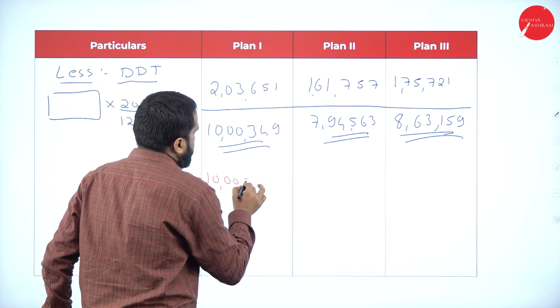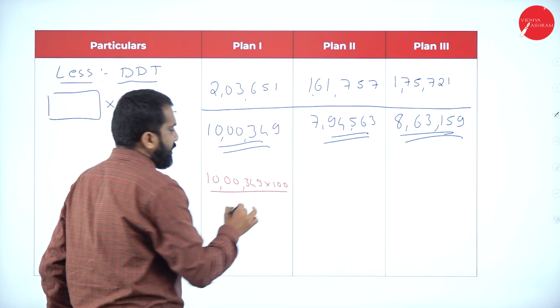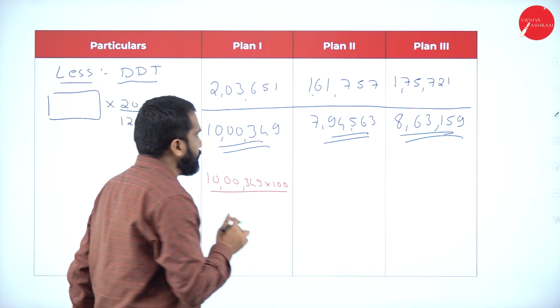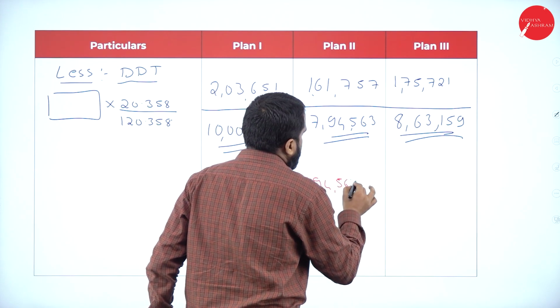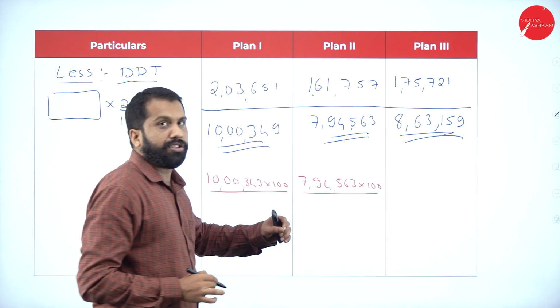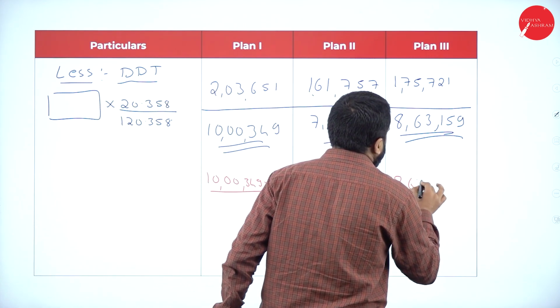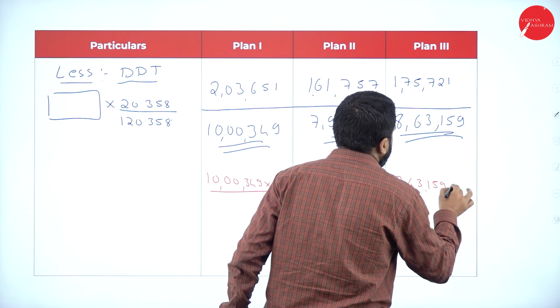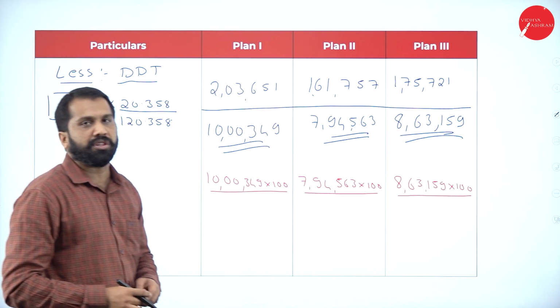10,00,349 multiplied with 100 divided by equity value. Similarly, 7,94,563 multiplied with 100 divided by your equity share value, and 8,63,159 multiplied with 100 divided by equity share value.